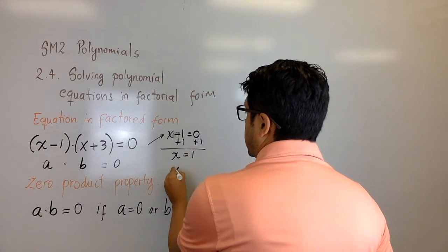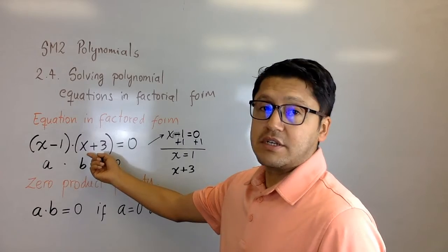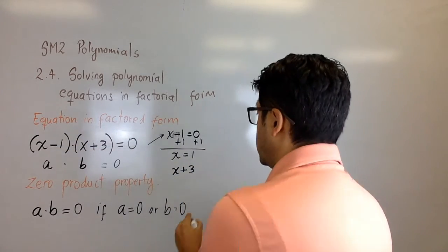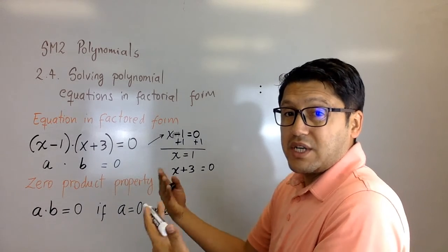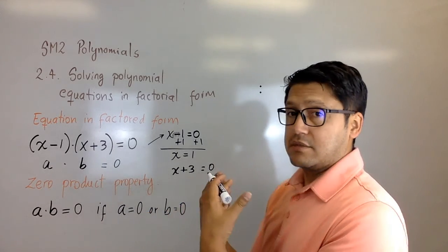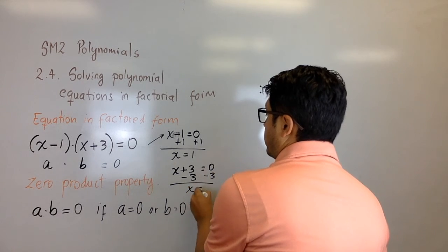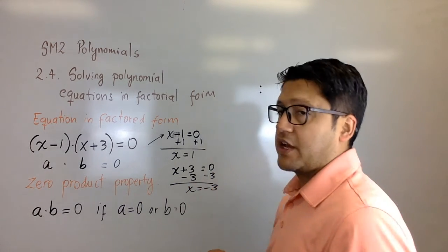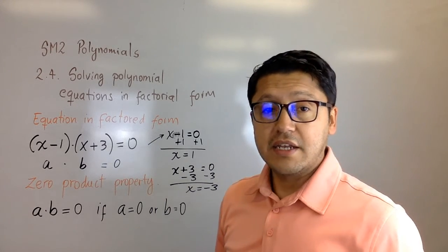I can also say that if x plus 3 is 0, then the whole thing will be 0, which means that I can now find out what is another x value that makes it possible. So the second solution is that x is negative 3.